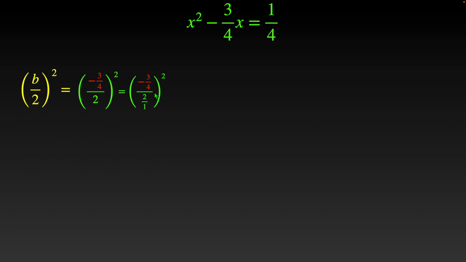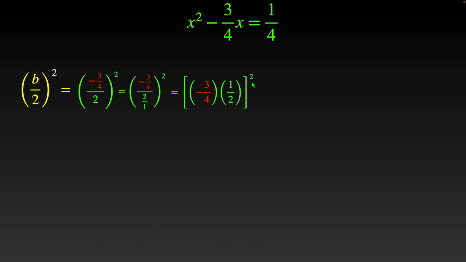Change the division to multiplication. And flip the second fraction. So 2 over 1, flip it. It looks like this. We're keeping negative 3 over 4 as is, changing division to multiplication, and then flipping this fraction. So we get 1 over 2.